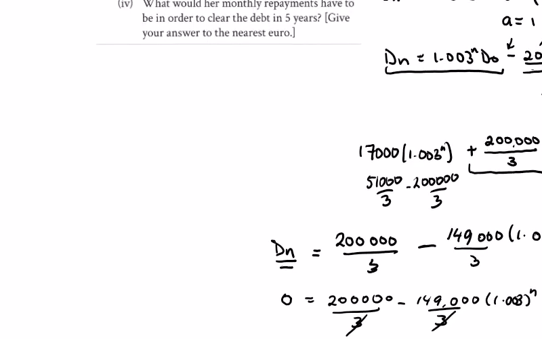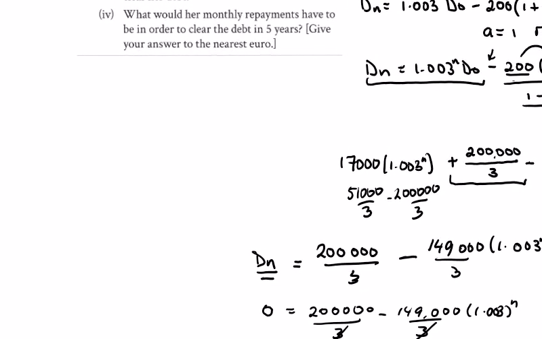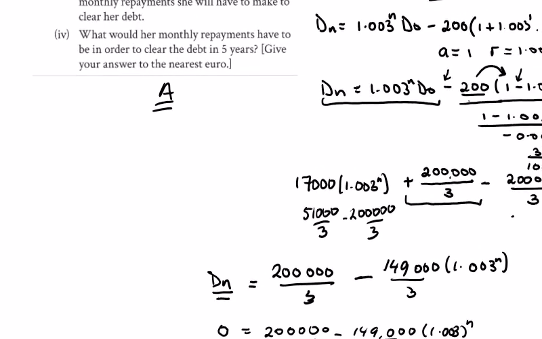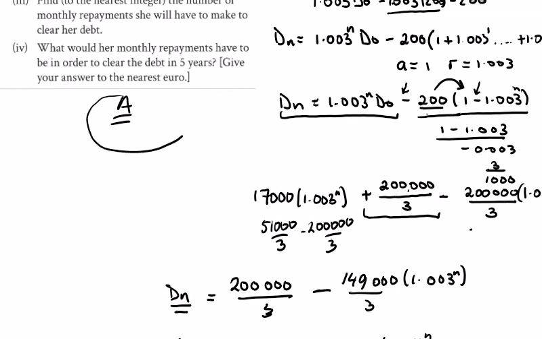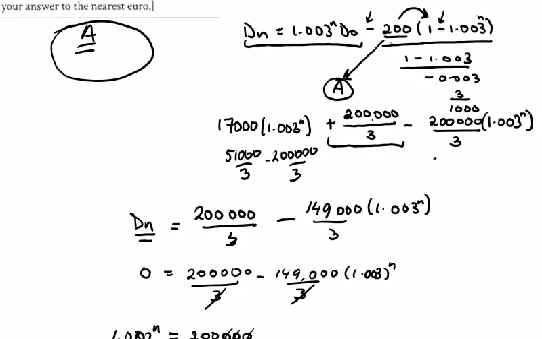And then what would her monthly repayment, A, be? Well, 200 was the factor out number, so this 200 will become the A in this question for her to clear her debt. So we're looking for A in this case.